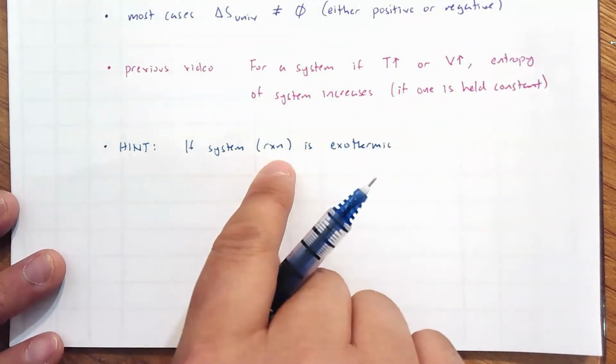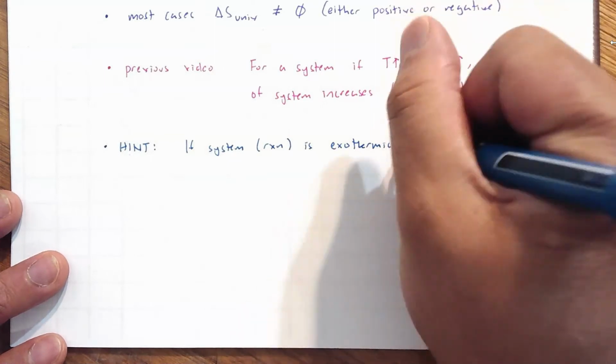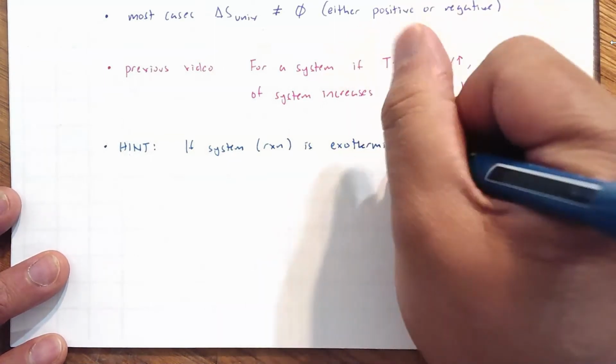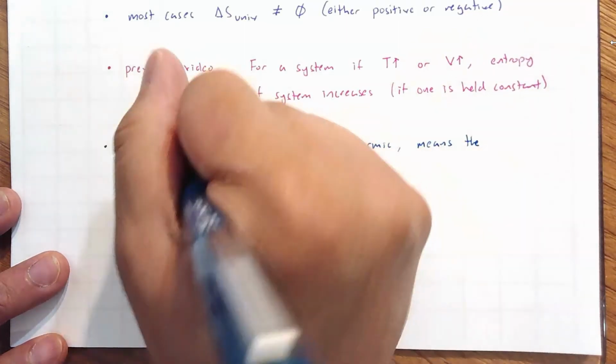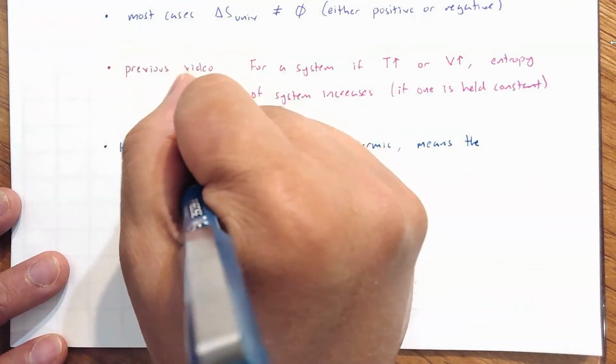So if the system gives off heat, what that means is the surroundings absorbed that heat.